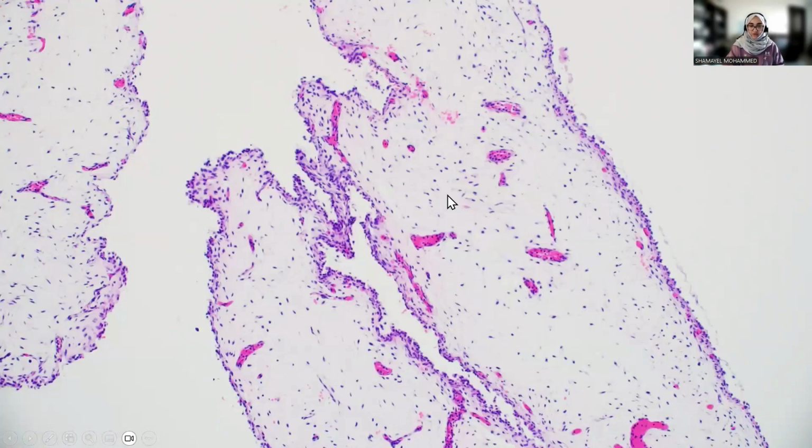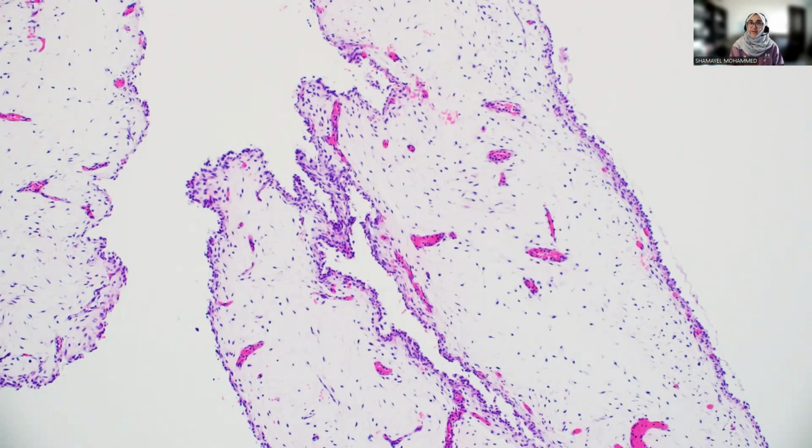Another area here shows again cystic cavities with the cyst wall showing edematous stroma and the cyst lining being cuboidal to low columnar or even flat. So at this stage, you might be tempted to call it congenital pulmonary airway malformation, but here you need to pause, and additional sections and extensive sampling will be your friend.